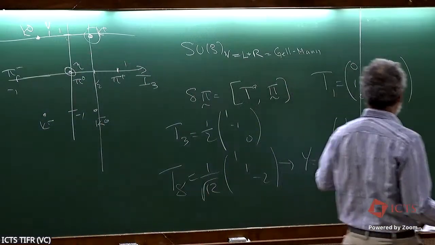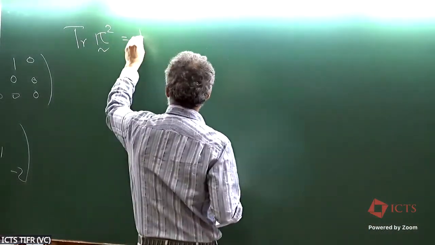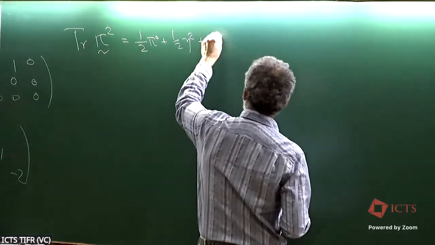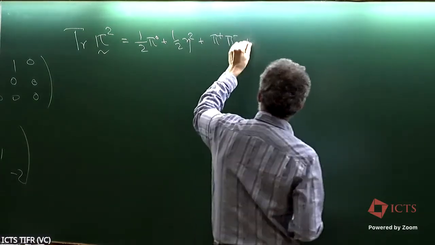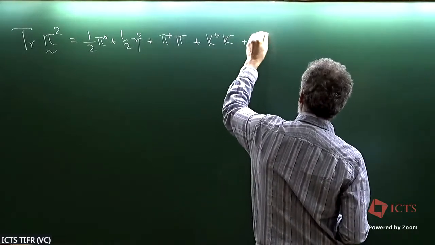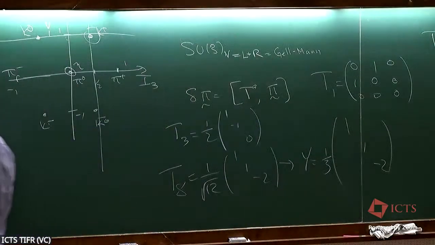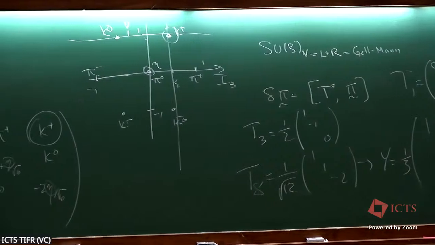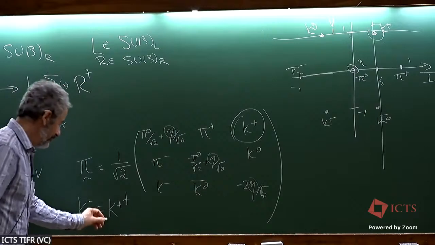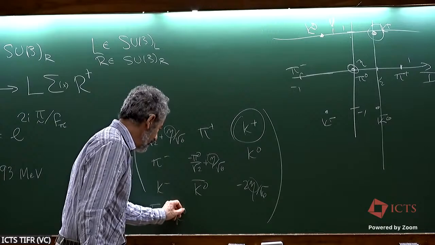And the normalization of the matrix is such that trace pi squared looks like a mass term: 1/2 pi 0 squared plus 1/2 eta squared plus pi plus pi minus plus K plus K minus plus K0 K0 bar. This is a Hermitian matrix, so K minus is the dagger of K plus, and K0 bar is the dagger of K0.